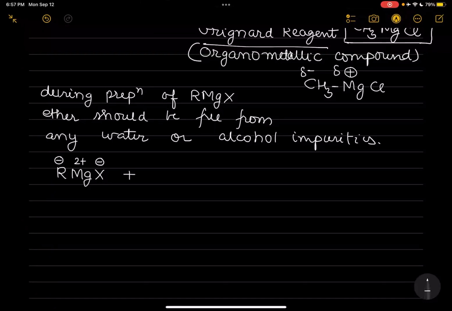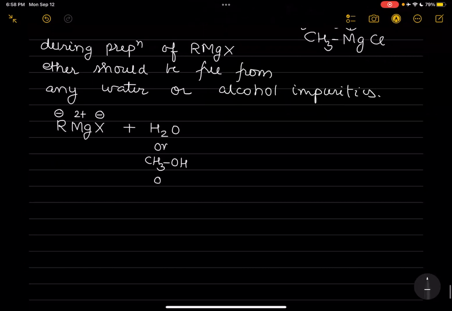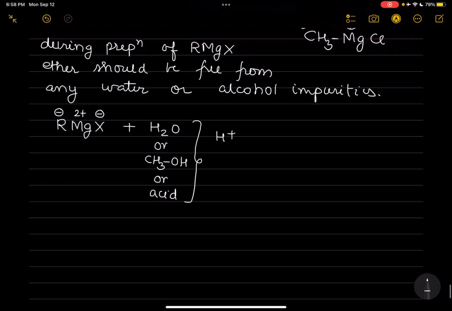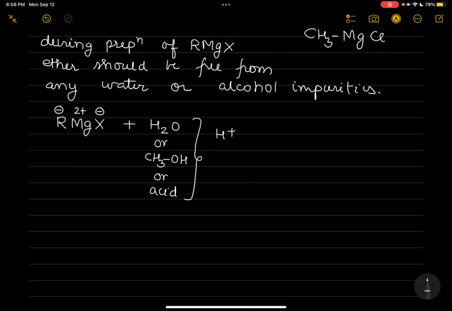Suppose you have water or alcohol; they all give H plus, because hydrogen is connected to oxygen. Oxygen will pull the electron and H plus will come out. And R in Grignard reagent is having a minus charge.